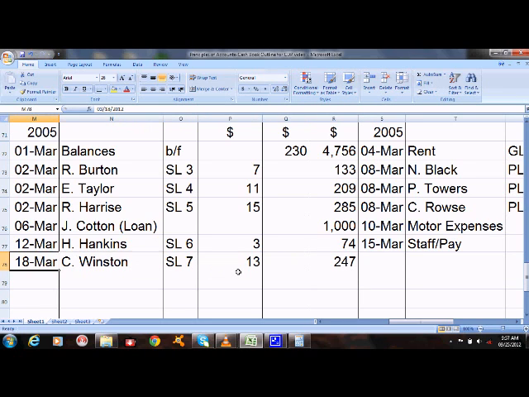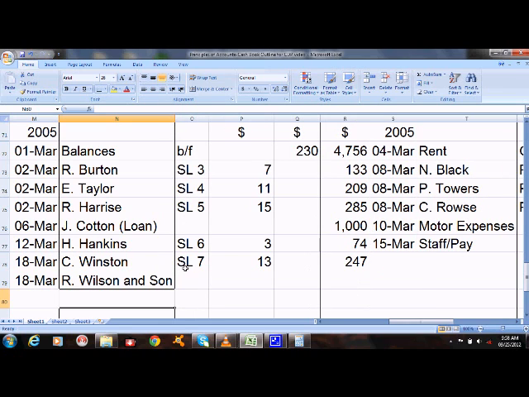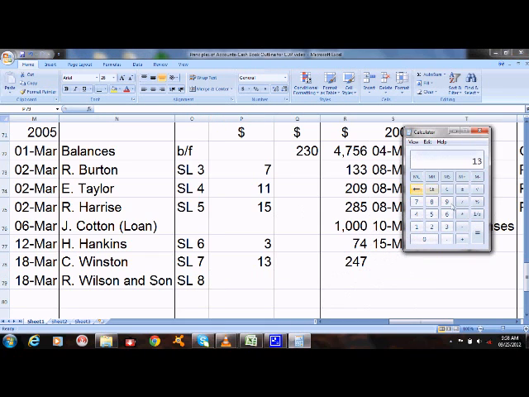Right? Yes. Next one, March 18, Mr. R. Wilson and Son. These people are paying up the money that they owe you, the businessman. Because it says SL8. Now, let's just work out this 5%.